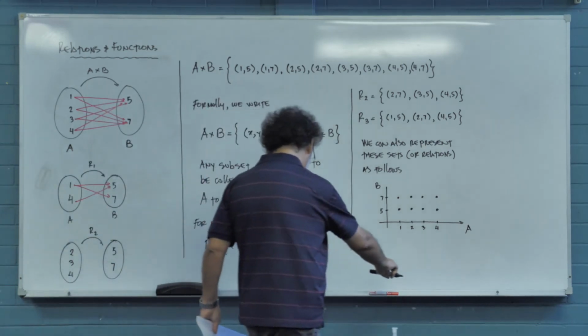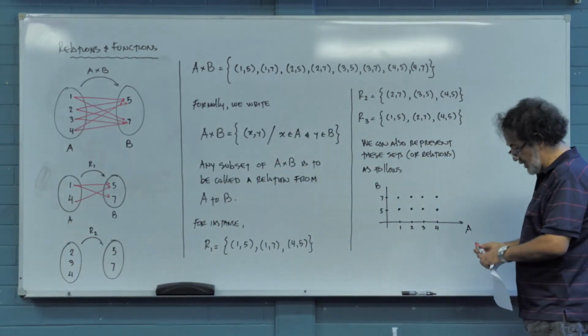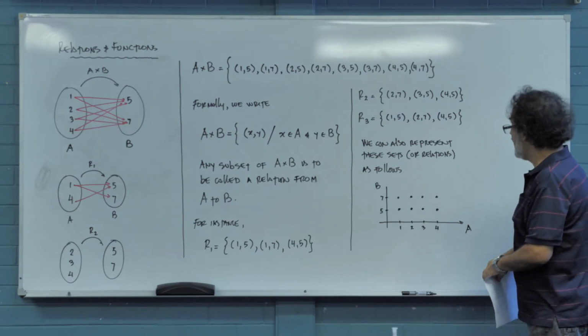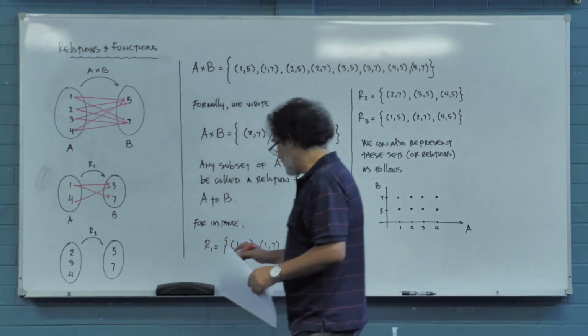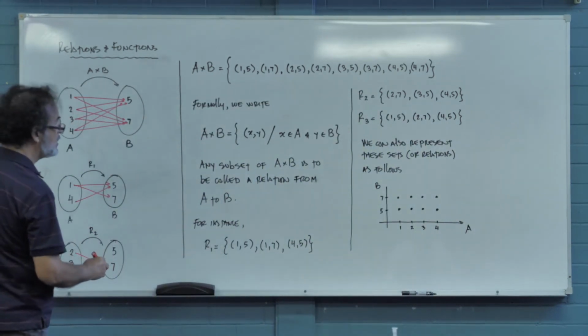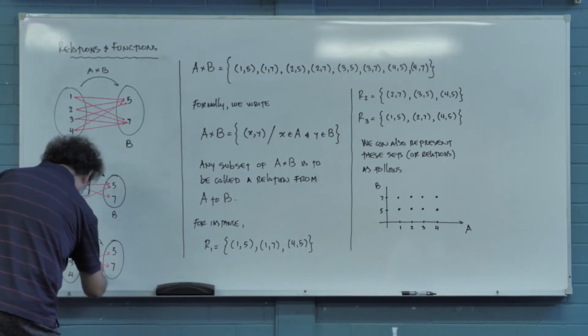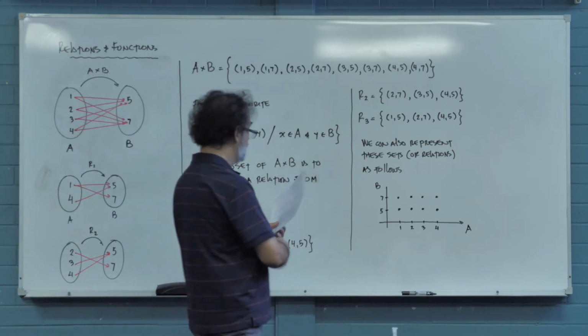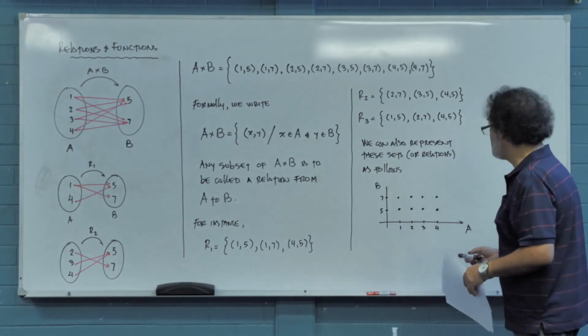Doesn't matter. Again, then we're going to establish the relation between them. So 2 goes to 7. 3 goes to 5. And 4 also goes to 5. Okay, so that's how the relation is behaving.